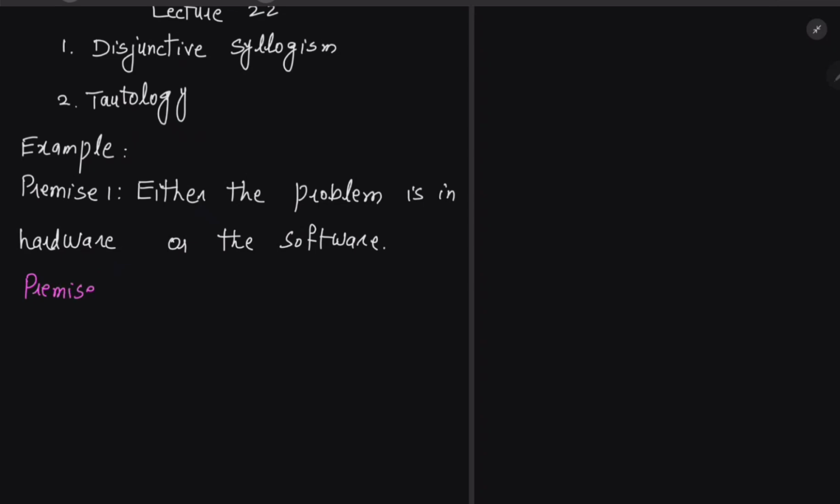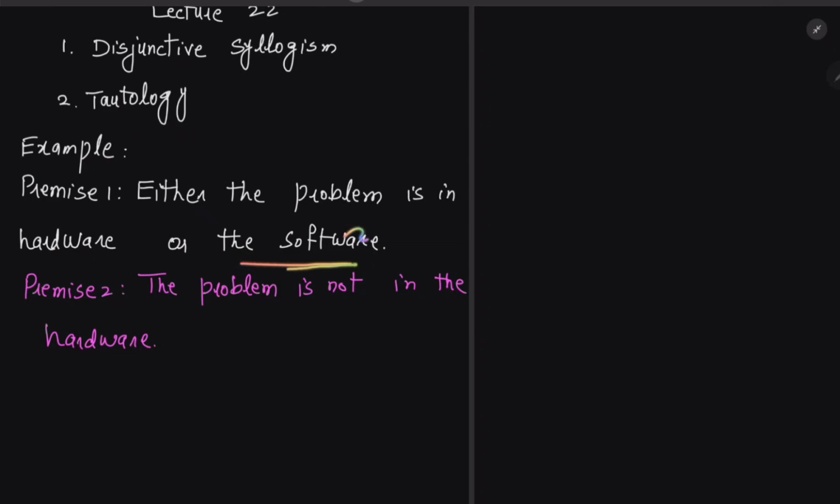This is interesting. Premise 2 says that the problem is not in the hardware. Okay, if the problem is not with hardware, then what is the conclusion? Where is the problem? The problem is with the software.